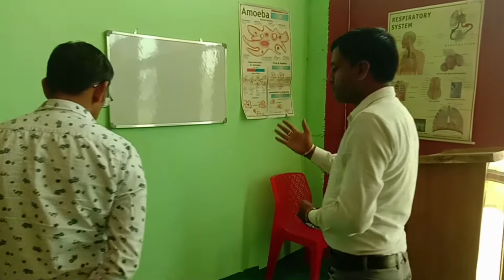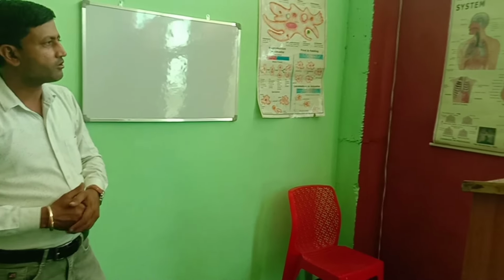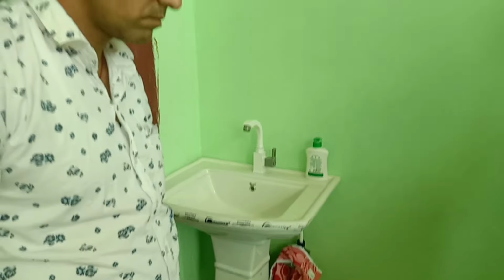There are another things that we use in our labs, and this is the observation board in lab to create an experiment or observation in our lab. There are different types of chart, lecture stand, and for washing purpose we use different types of apparatus in our lab.